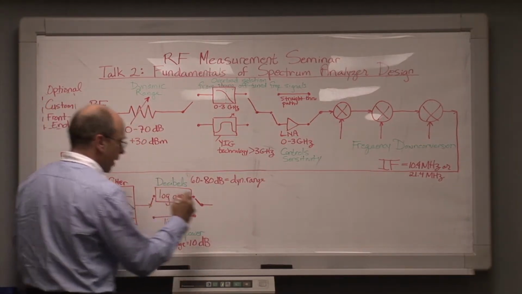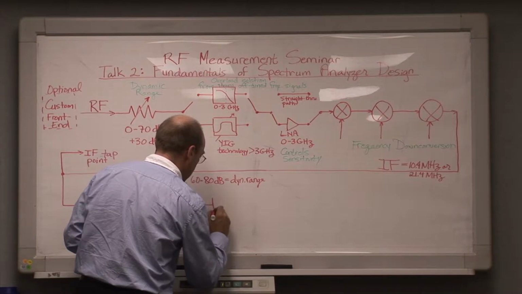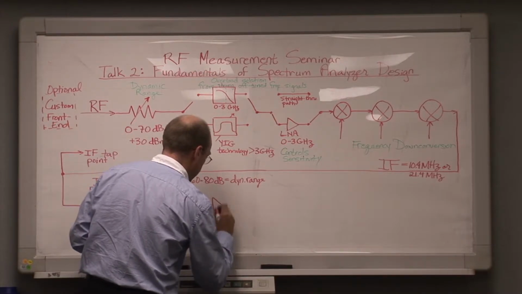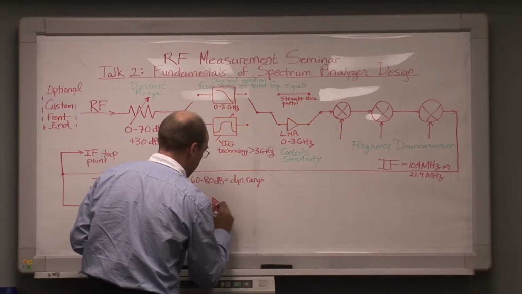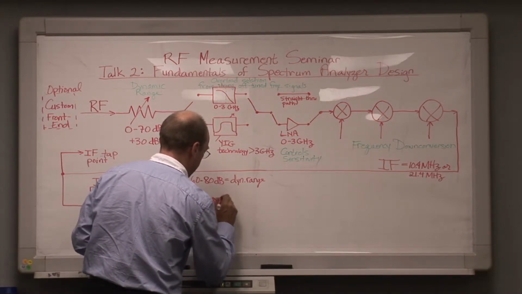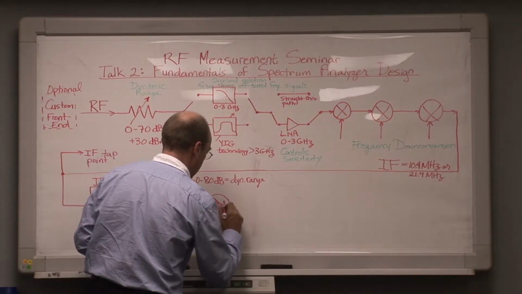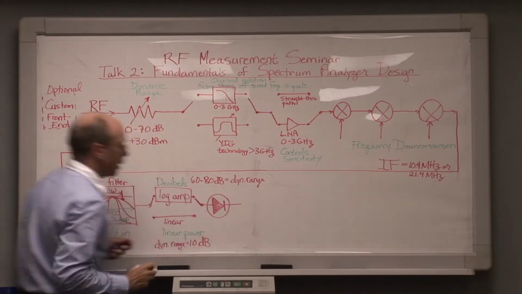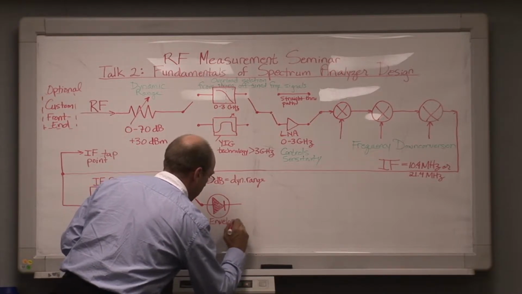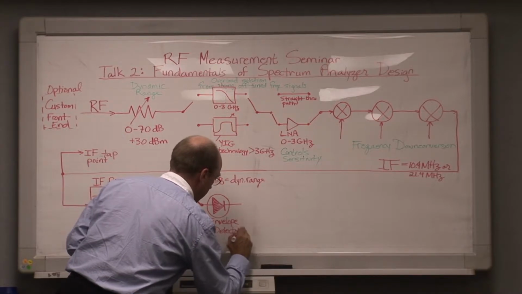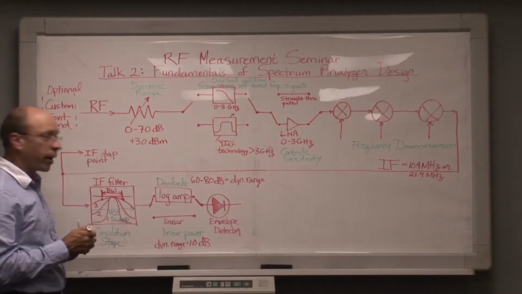Now, the next stage in the system is a detector, which is an envelope detector, which I'll draw like this, as if it were a diode. The envelope detector acts as a squaring circuit.